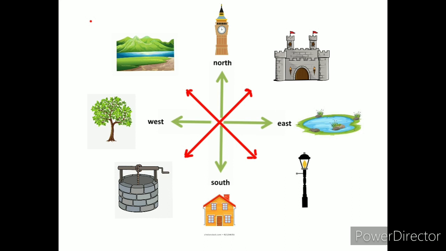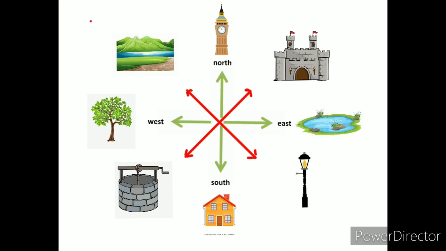Now look at this picture. The mountain, the fort, the street lamp and the well. Now you can see these objects are between the main directions. The mountain is to the northwest and the fort is to the northeast.